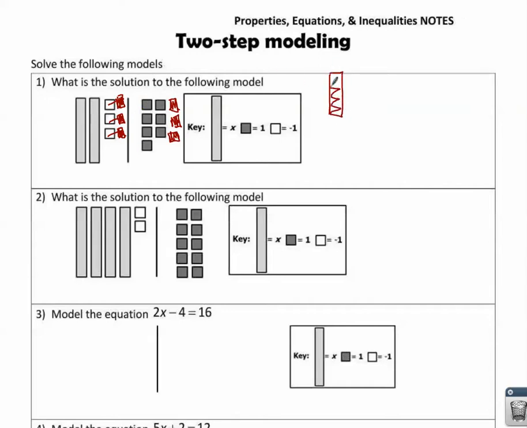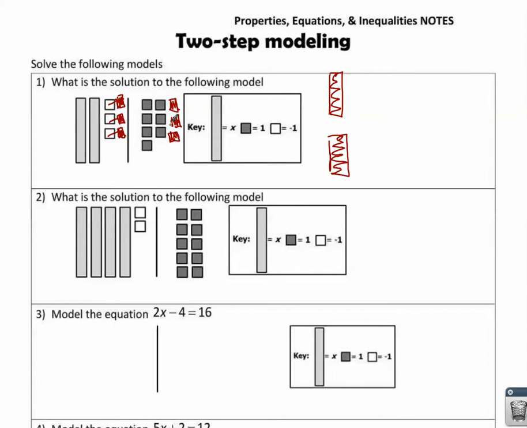So you want to separate your x's so it develops 2 groups, and you're going to divide your boxes into each group. So you're going to make 2 equal groups.